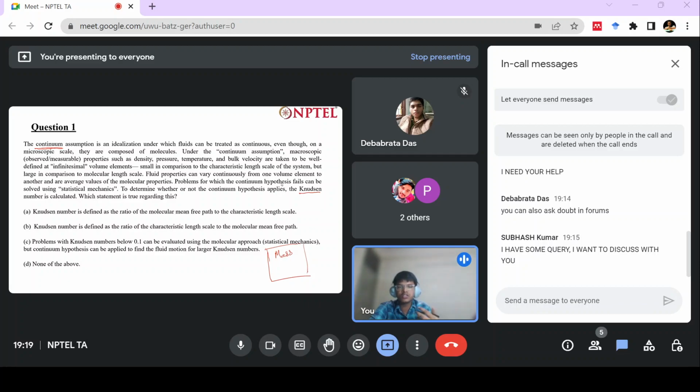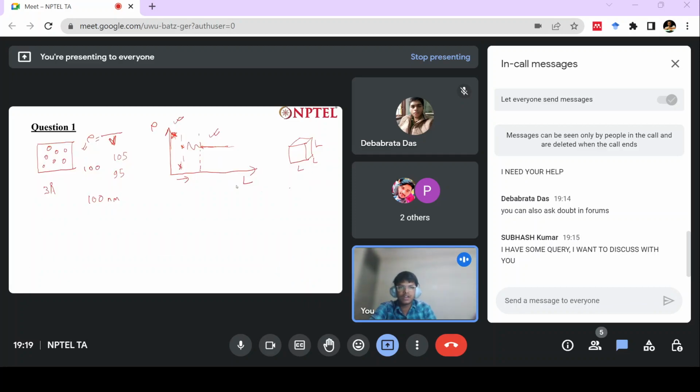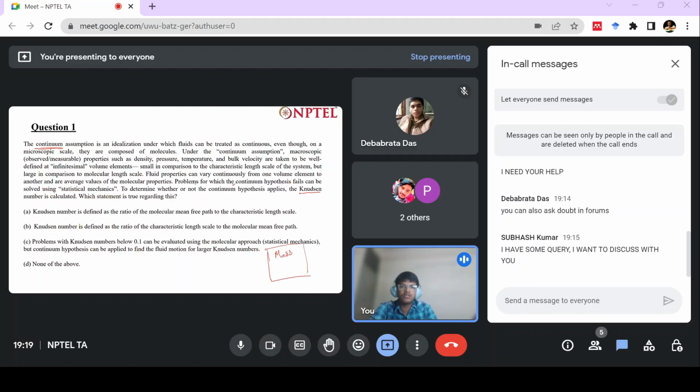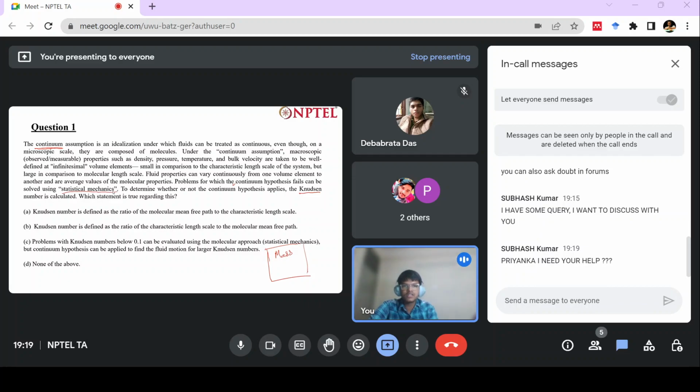If it is not solvable by continuum hypothesis, if it lies in this particular region, then it will be solved using statistical mechanics, because there are a lot of statistical fluctuations in our system. So that needs to be taken into account. But after a certain length scale is reached, we can use continuum mechanics. So this is quantified using this Knudsen number.